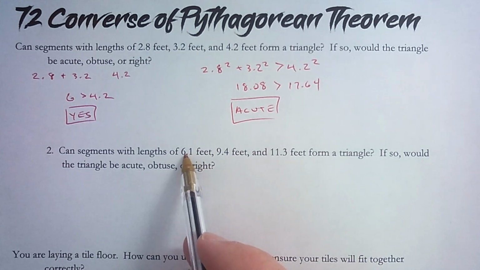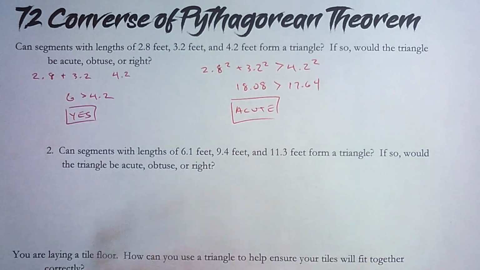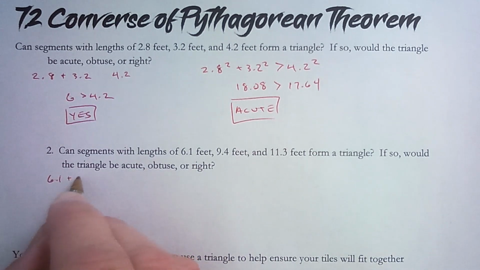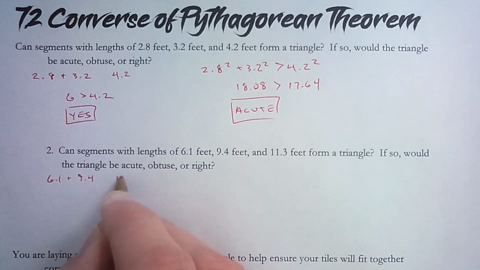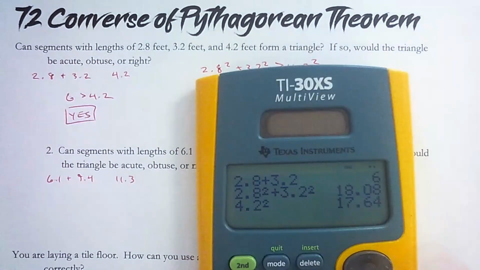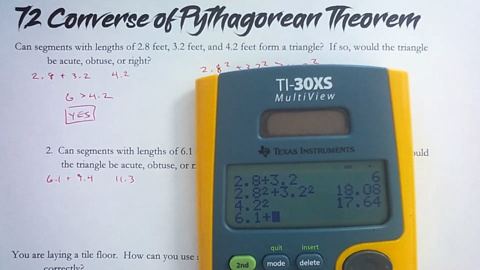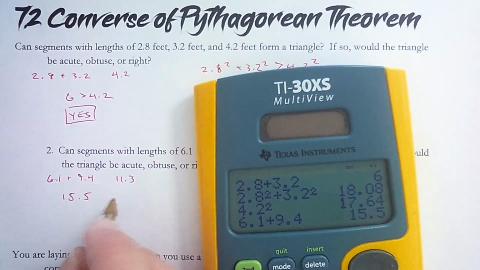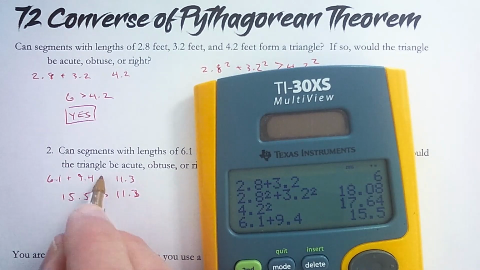Okay, so now what about 6.1, 9.4, and 11.3? Can those make a triangle at all? 6.1 plus 9.4 compared to 11.3. Okay, so that's 15.5, and that is greater than 11.3.